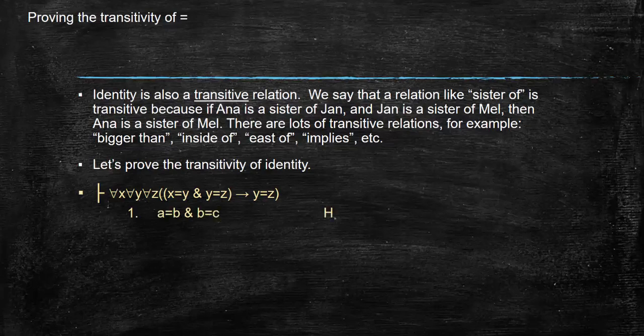So we're going to hypothesize that A equals B and B equals C. And now what we want to derive is A equals C. So let's go ahead and separate A equals B and B equals C using and elimination. And then we can see, just by looking at these two lines, that since A equals B and B equals C, then we can get that A equals C by substituting A into B by identity elimination.